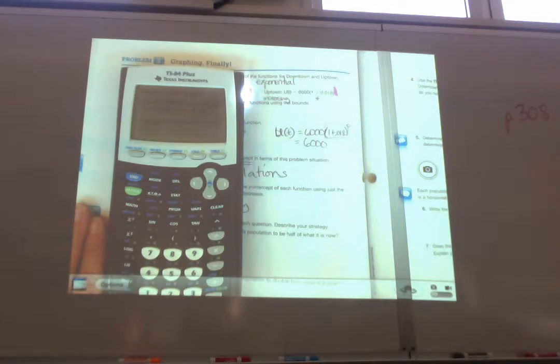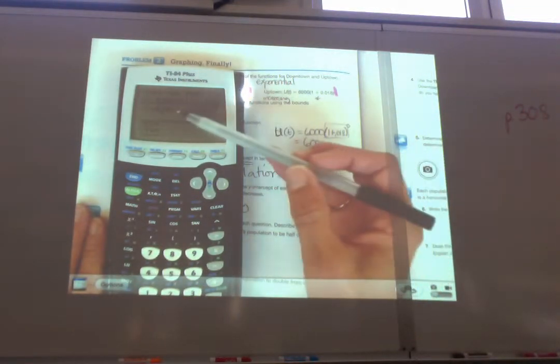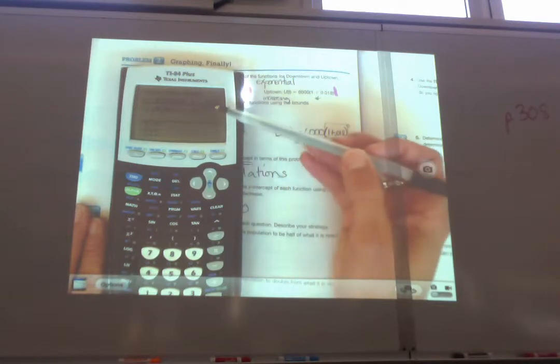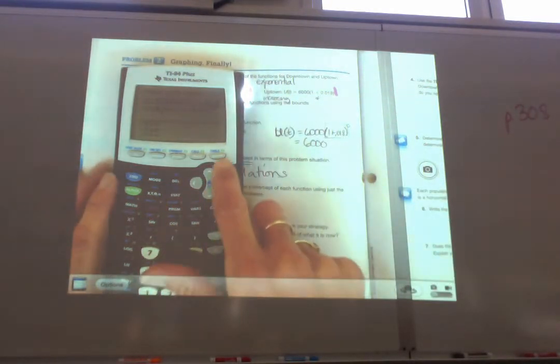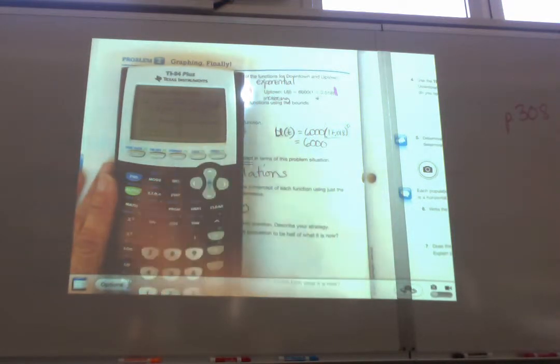Are you with me to there? Again, one of the tricky parts is you had to put stuff in parentheses, and then you had to remember to make your variable an exponent. Let's see what happens when we graph. Okay, that's one going down. That must be downtown.